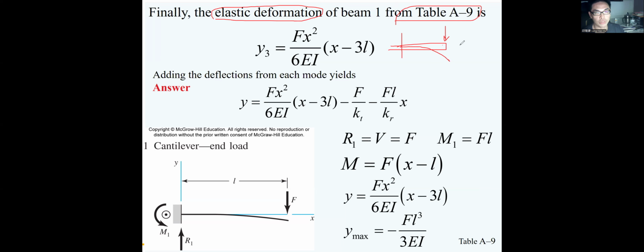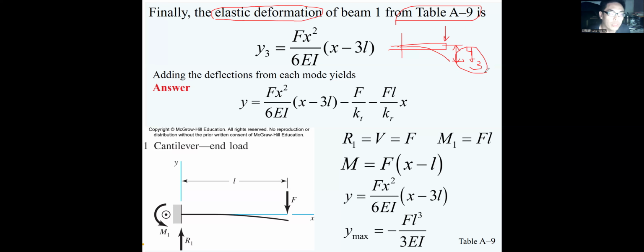The deflection right here is y3. We can figure out this elastic deformation of the beam, and we define it as y3.